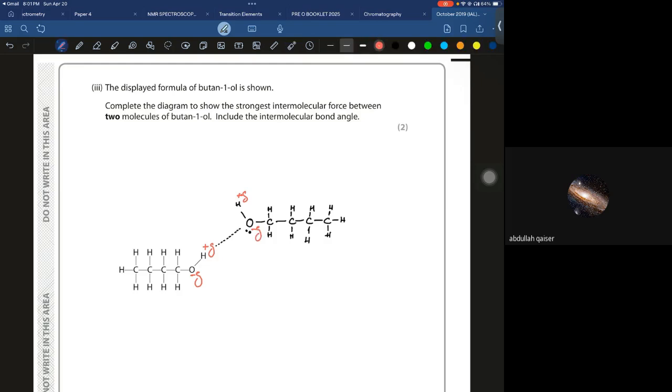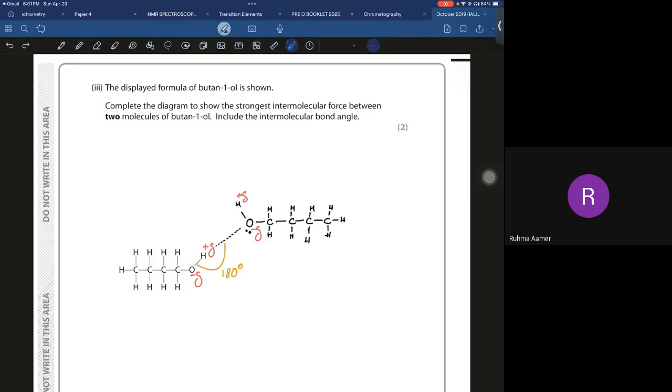So what's the bond angle? For O-H-O it's 180, and for O-H-C it's 104.5 degrees. Between the two molecules we have to see, not the water one. Include the intermolecular bond angle, not intramolecular. So why have they mentioned 104.5? 104.5 is this.